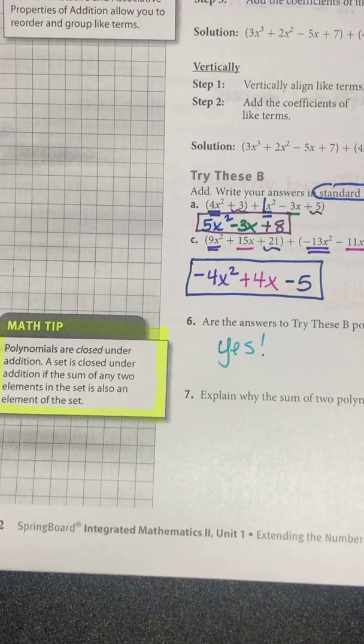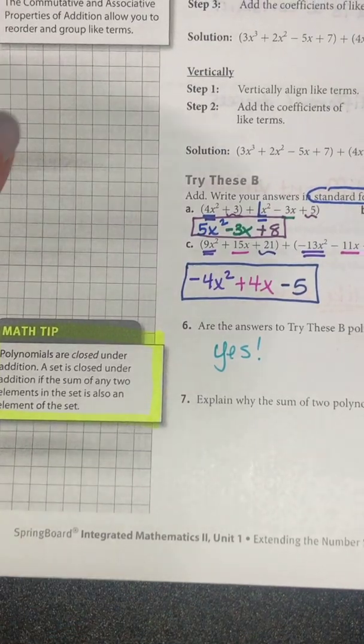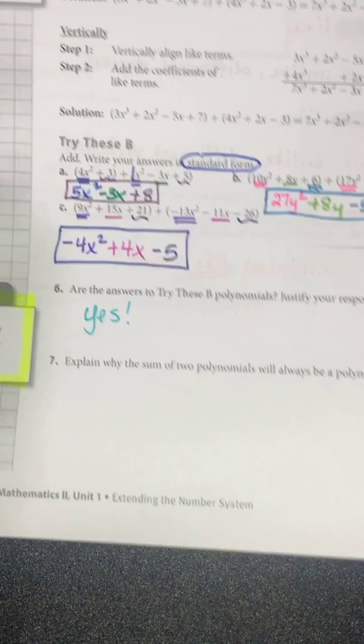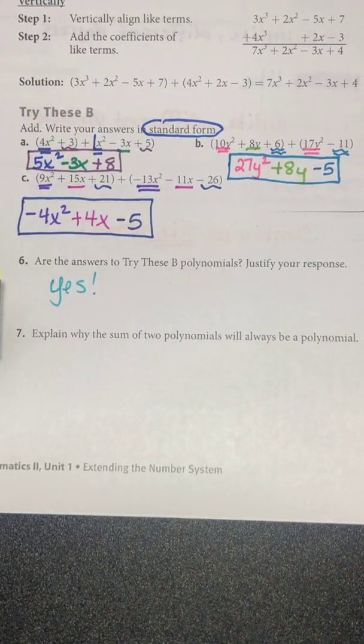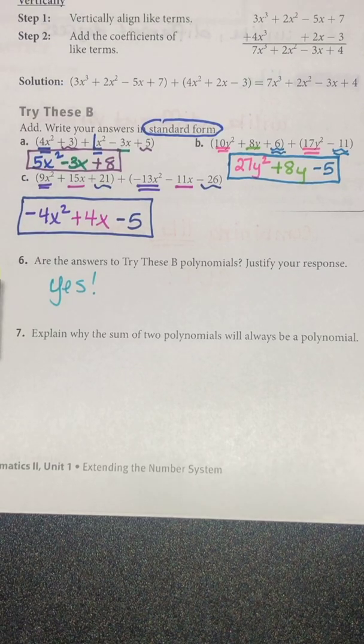I just justified my response out loud, so I'm not going to write it. Explain why the sum of two polynomials will always be a polynomial. Well, we're going to explain down here anyway.